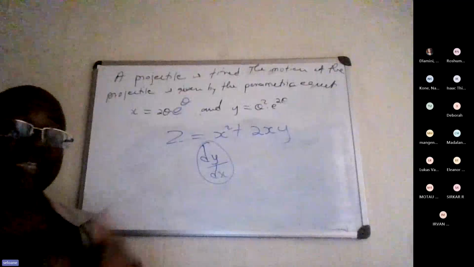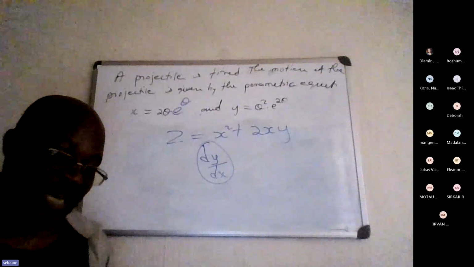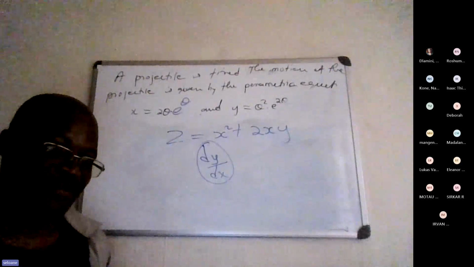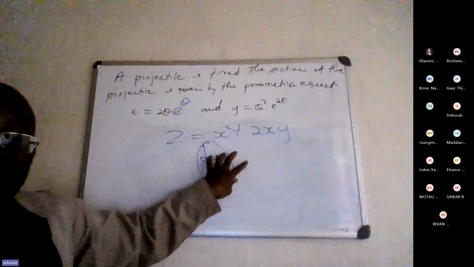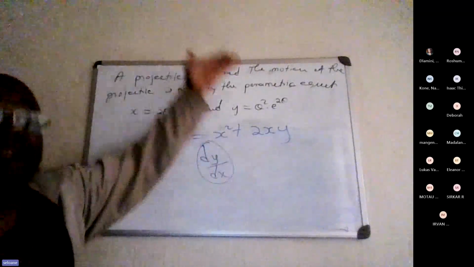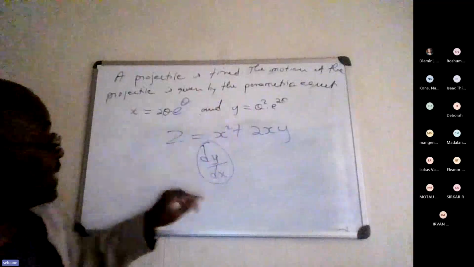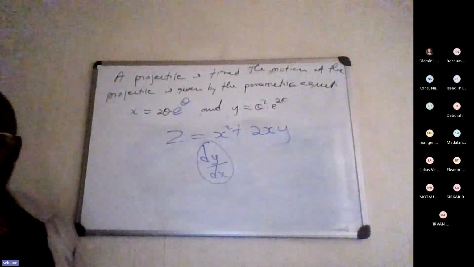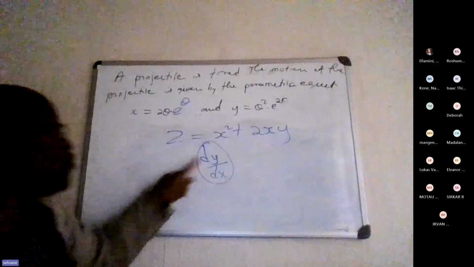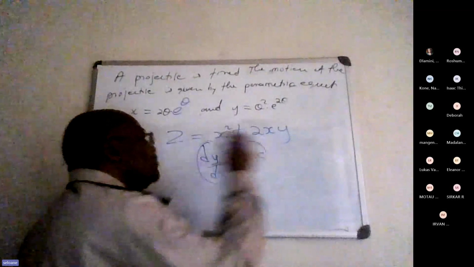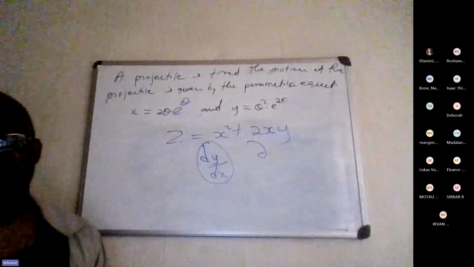Okay, if that is clear, we are now going to learn how to differentiate multivariable functions like this. To distinguish the derivative of 2 variable functions from the derivative of multivariable functions, we are simply going to modify this notation. Instead of using an ordinary d, we use this kind of d, the cursive d.